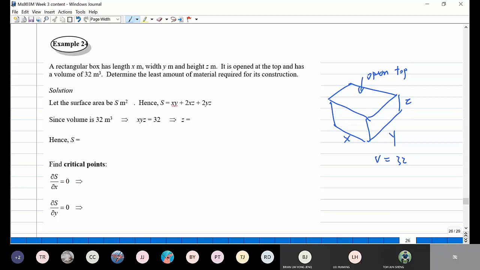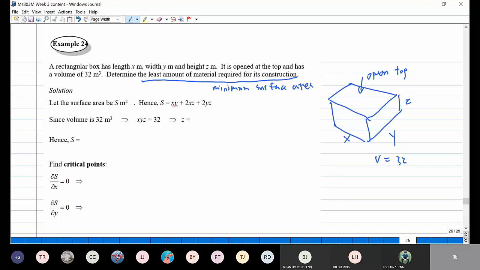Determine the least amount of material required for the construction. This amount of material, basically what they want is actually the minimal surface area, right? Minimal surface area.